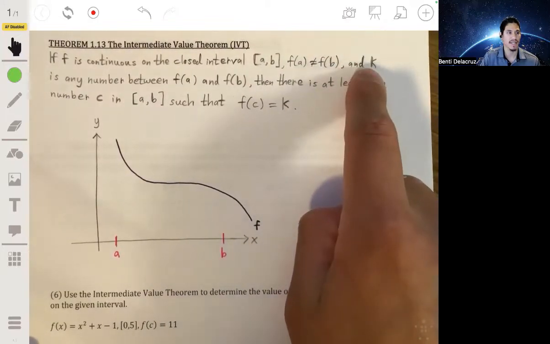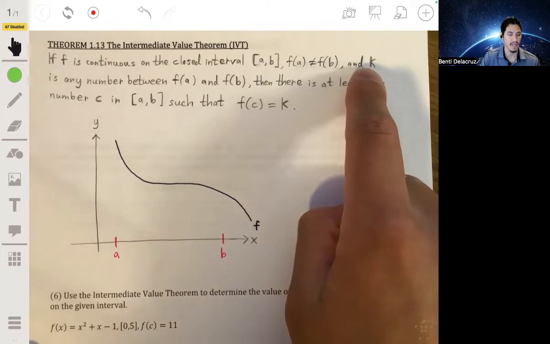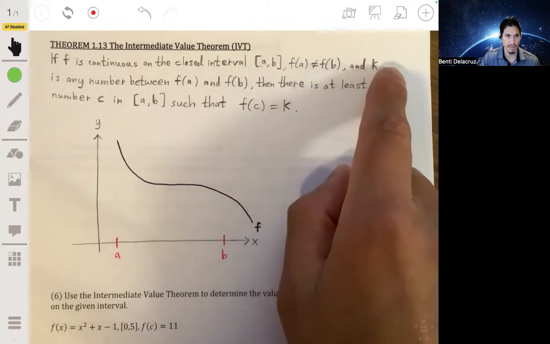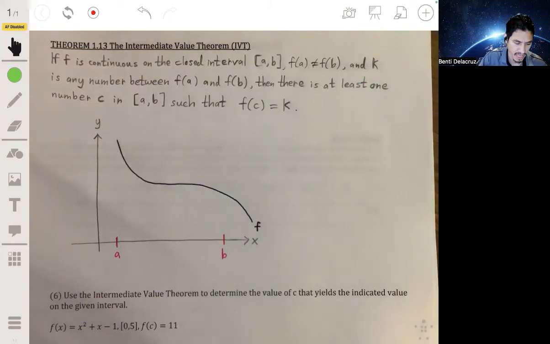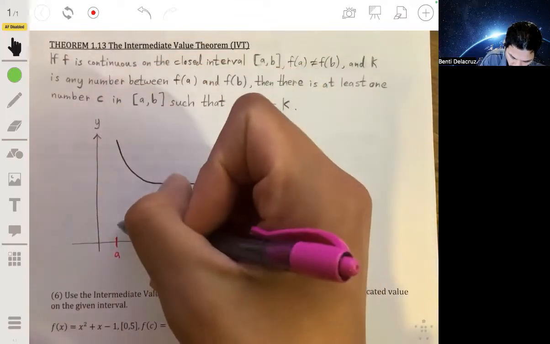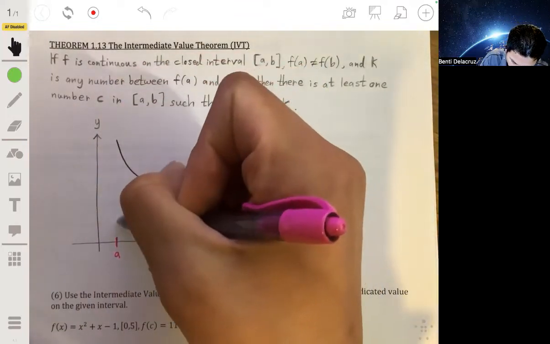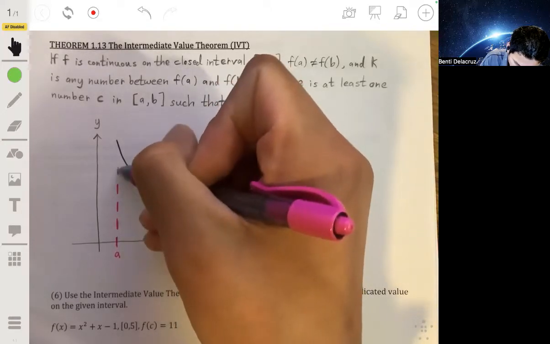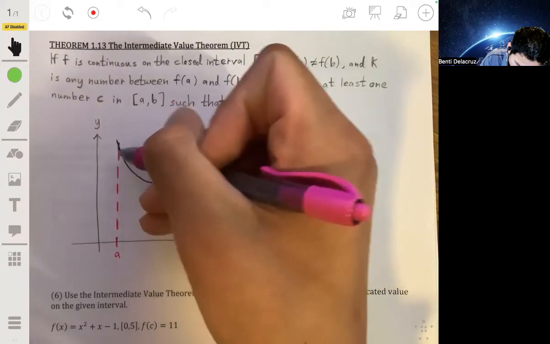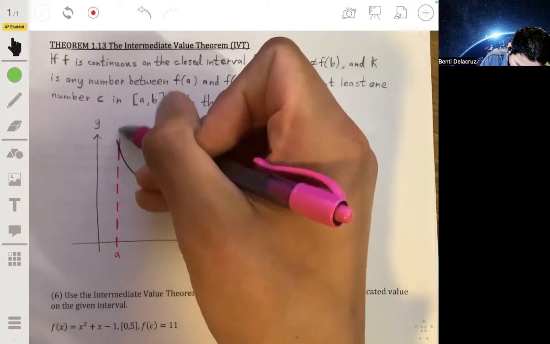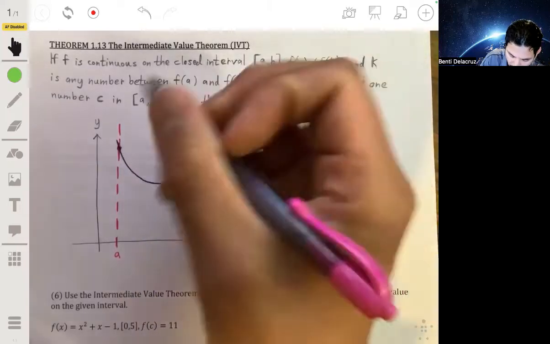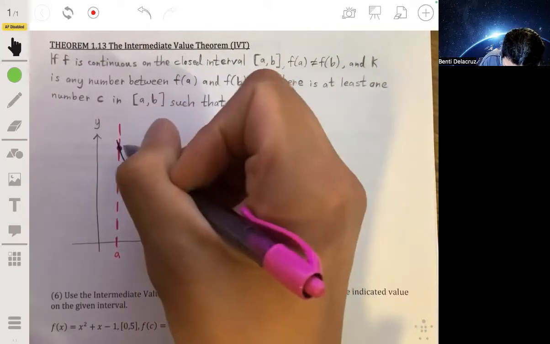And now we have to show that k is any number between f of a and f of b. So remember, k, we're talking about the y values. So let's first draw what we mean by f of a and f of b. So a would be the value on the graph where x is equal to a, and we're talking about this point right here, roughly speaking.